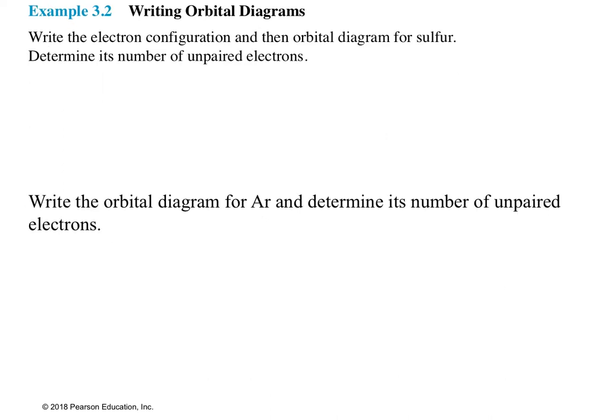So I want you to do the electron configuration and then orbital diagram for sulfur, and then you'll determine how many unpaired electrons, and you'll do the same thing for argon.